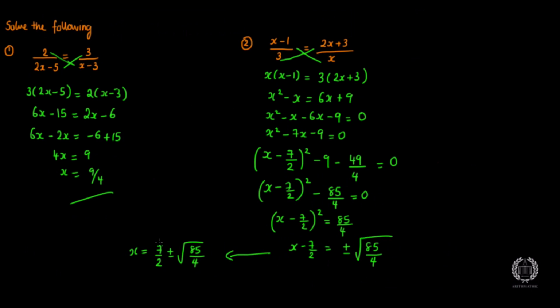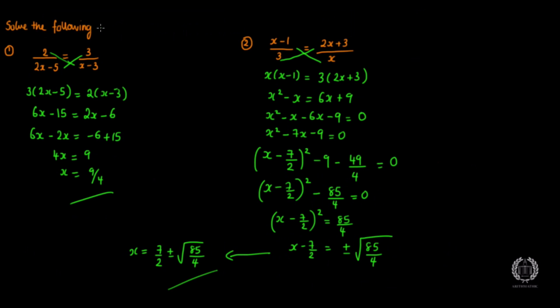Obviously, what you need to do from here is put in your calculator 7 over 2 plus the square root of 85 over 4, and you get an answer for that. And then the other one is 7 over 2 minus the square root of 85 over 4. You put that in your calculator and you get an answer for that. For the purpose of this tutorial, I haven't done that bit because we can just leave it like this for now.